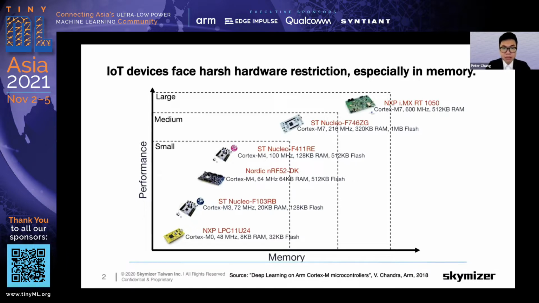In this figure, you can see the ARM Cortex-M series, with various IoT devices. Most of them are actually very small devices like Cortex-M0, M3, M4.